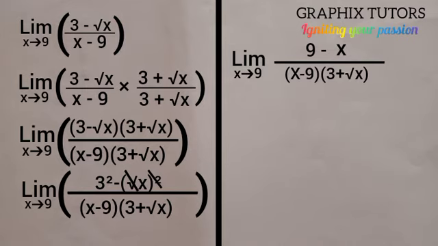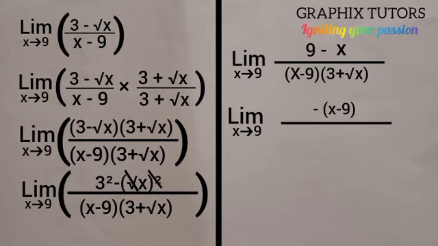If I have minus in brackets x minus 9 and I expand this, minus times x will give you minus x, minus times minus 9 will give you plus 9. So this is minus x plus 9. If I rearrange it, it will be 9 minus x. You can see? So 9 minus x is the same as saying minus into bracket x minus 9. So when you do that, it now conforms with what we have in the denominator.